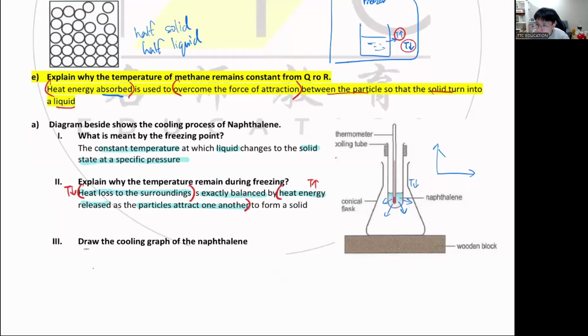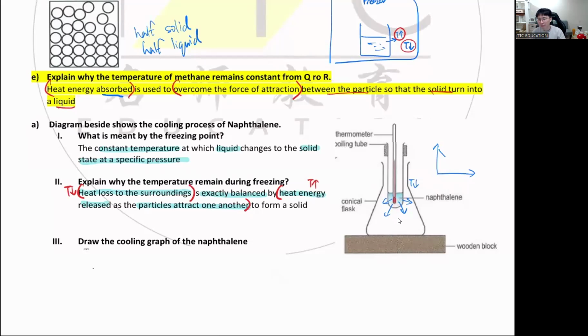Okay, Jaren asked: if I write at atmospheric pressure instead of a specific pressure, it shouldn't be wrong. But since they ask what a freezing point is, in a general understanding we say at a specific pressure. You say at atmospheric pressure, that one is the freezing point of naphthalene.